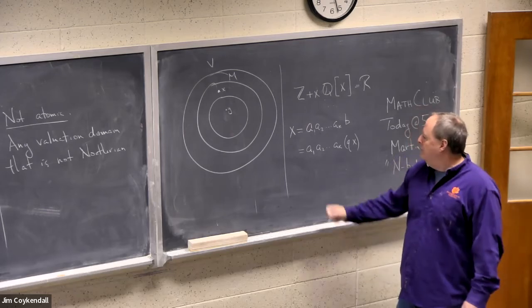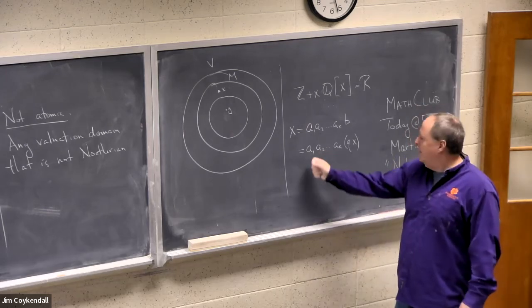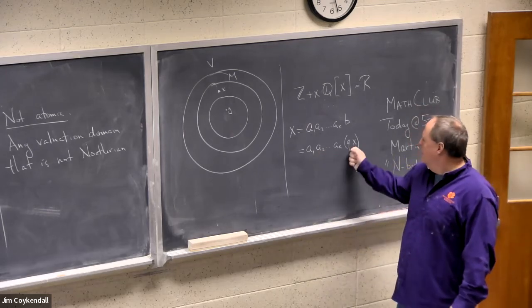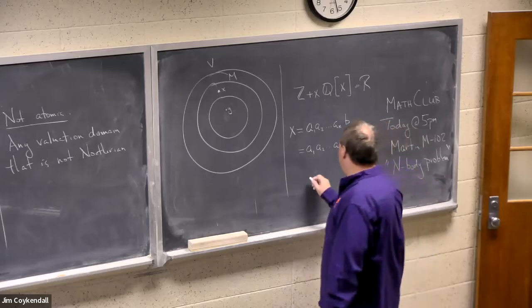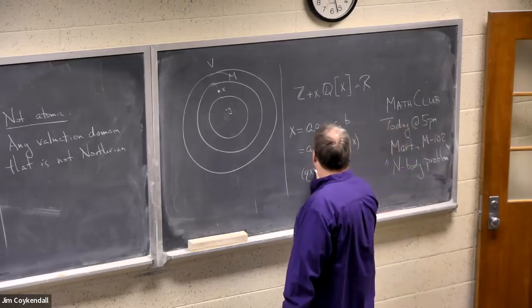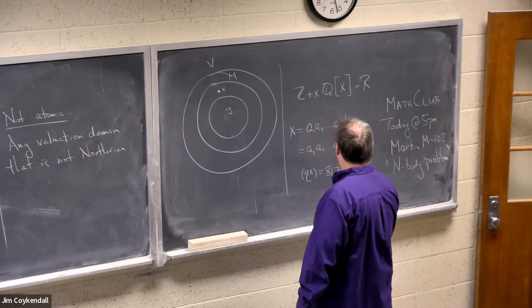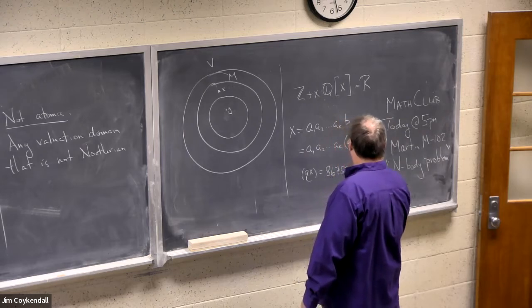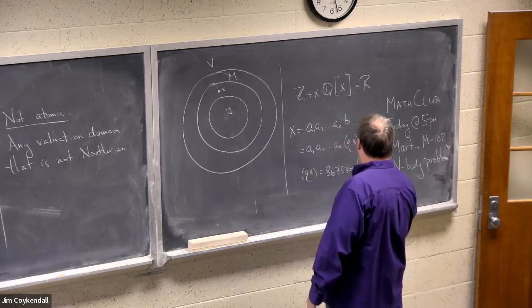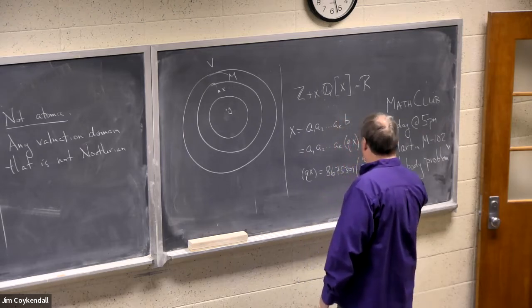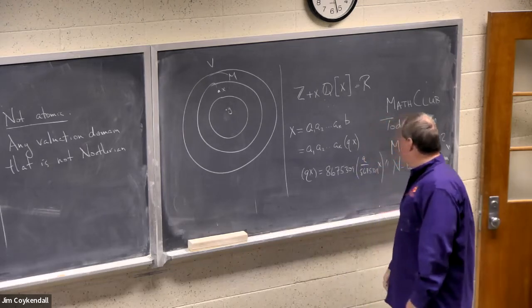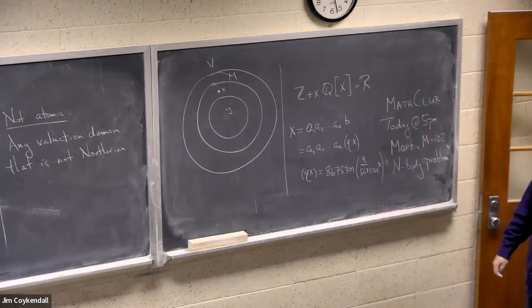But by assumption, you're assuming these are all atoms. Now the integers are no problem, but this one is a problem because qx is the same thing as 8675309 times q over 8675309 x. And that's my shout out to Jenny.